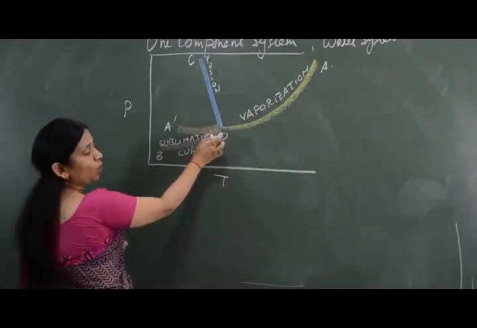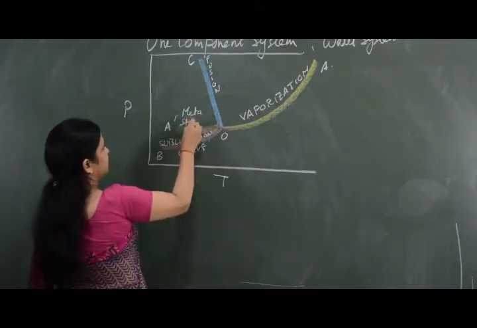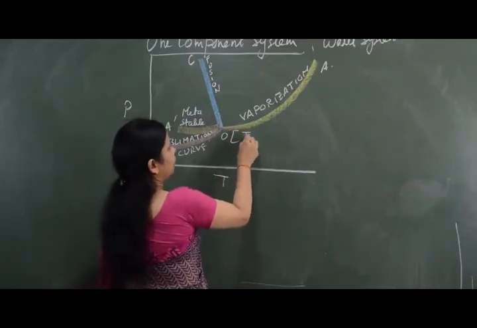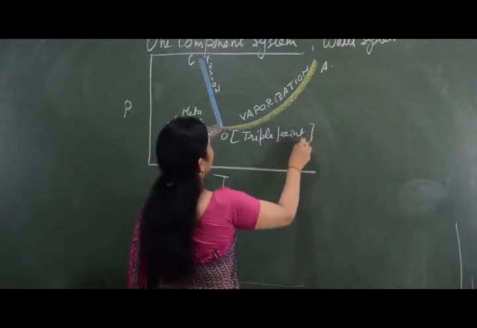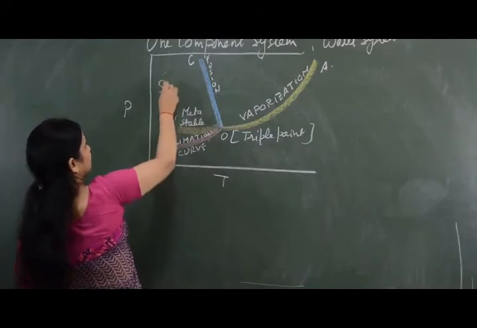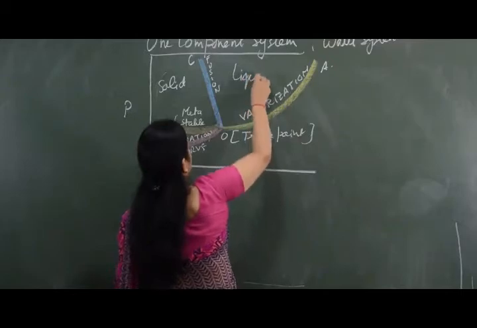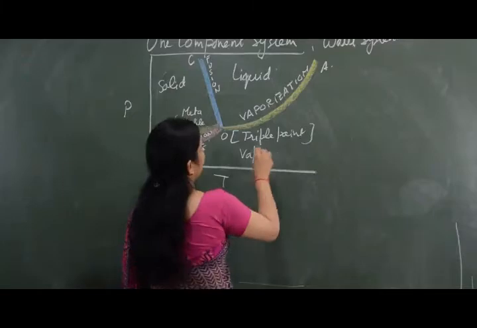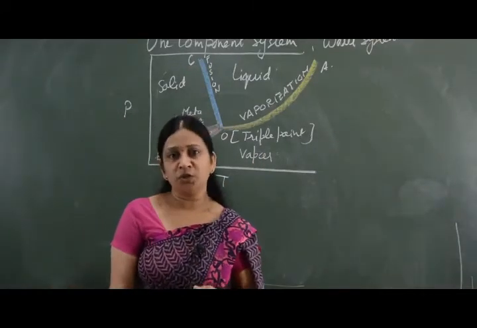And here from O to A dash is a metastable state or metastable equilibrium. And this point O is a triple point. Here water exists in solid state. In this area BOC, it occurs in liquid state, and at the bottom it is present as vapor state. So this is the phase diagram for the one component system, which is water.